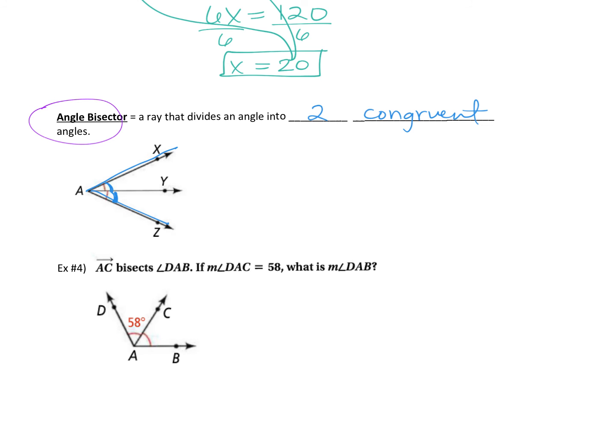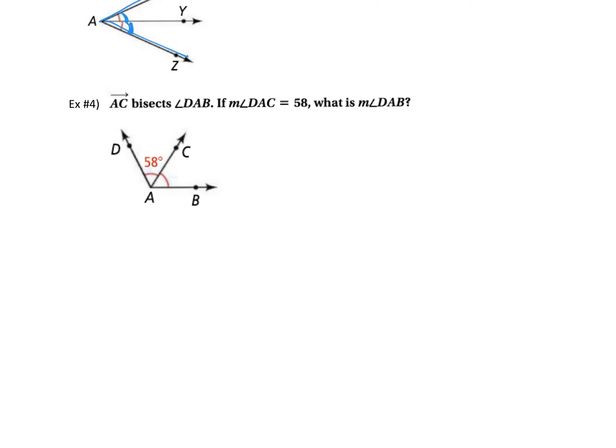So if you look at example 4 here, it says AC bisects angle DAB. So this DAB is getting cut into equal parts here and here. If DAC is 58, what is DAB? Notice DAB is the big angle.